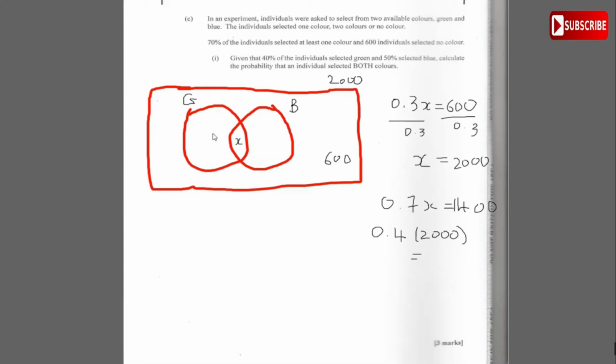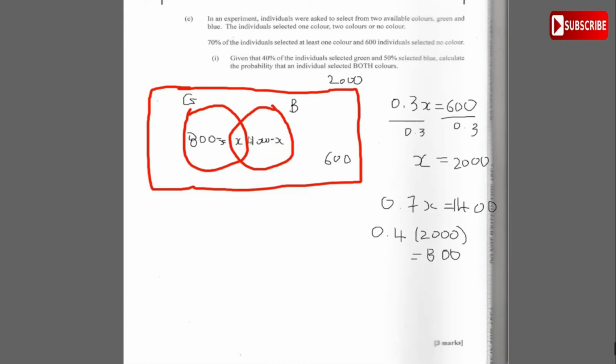So that means 800 minus X selected green only. And then it says 0.5 of the total population selected blue. 0.5 of 2000 is 1000. So 1000 minus X selected blue only.